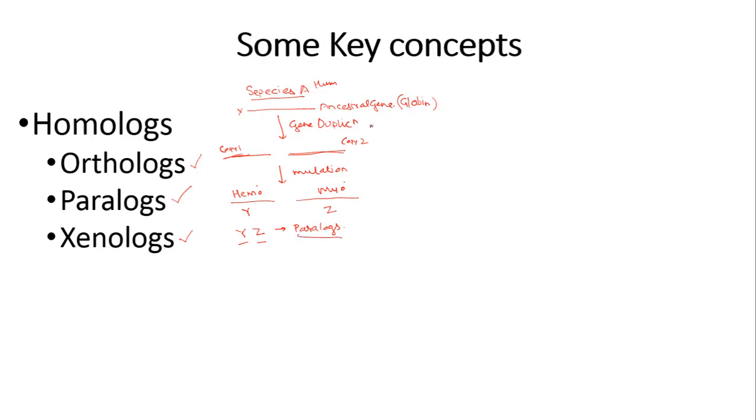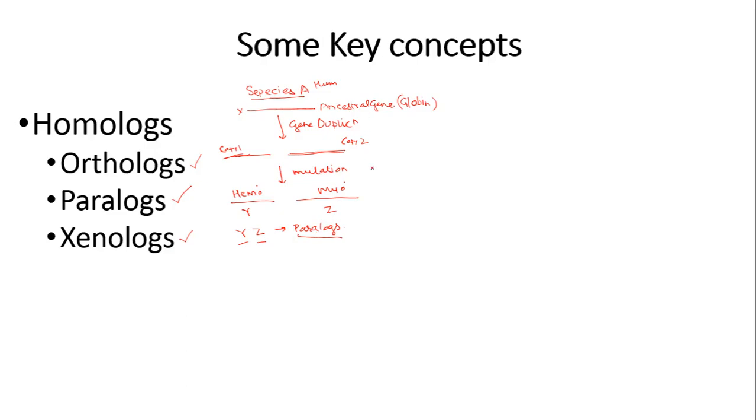Okay, is this making sense? What are paralogs? Paralogs are sets of sequences in the same species that perform different functions, and these two genes evolved from some common ancestral gene. Such two genes, in our case hemoglobin and myoglobin, can be called paralogs of each other.